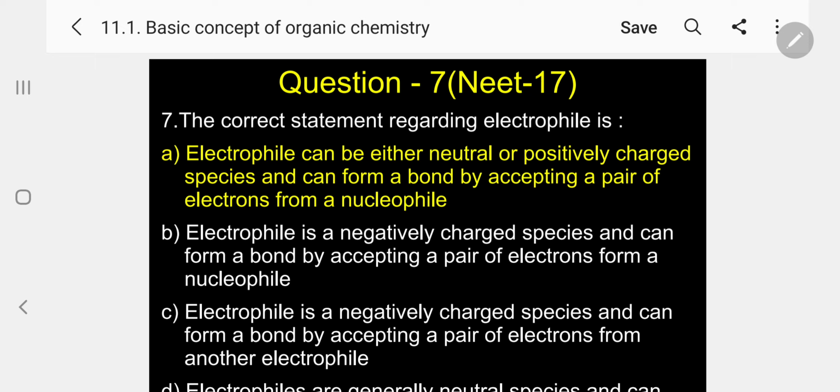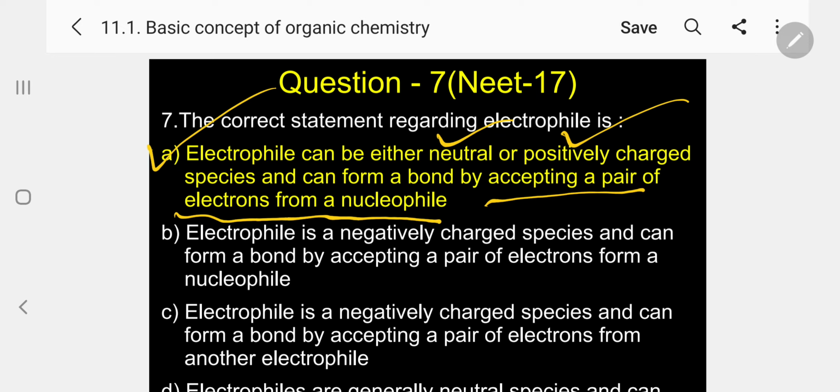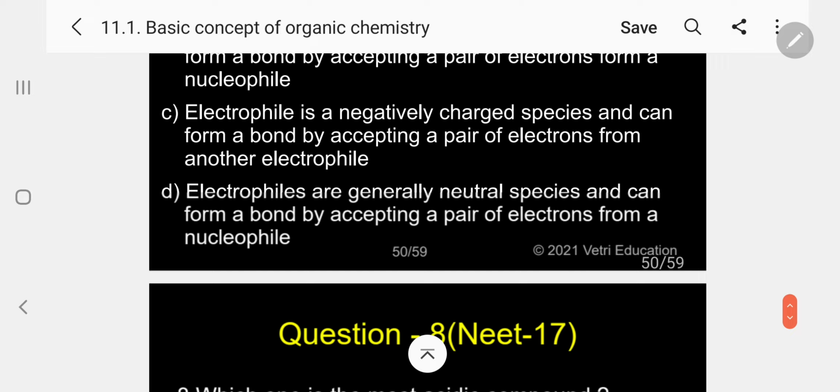The correct statement here is A: an electrophile can be either neutral or positively charged. I have explained clearly: it can form a bond by accepting a pair of electrons from a nucleophile. Very clearly we can understand this question.